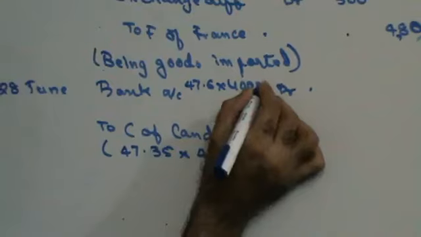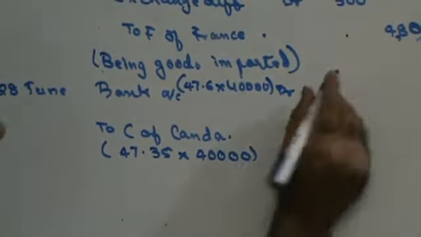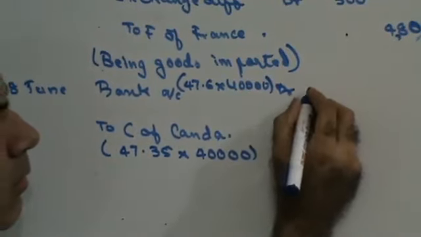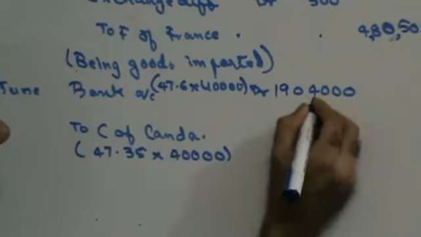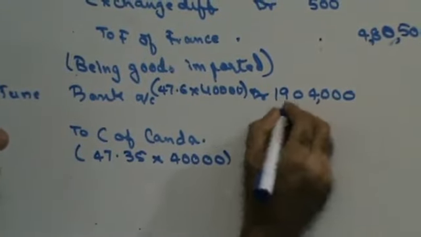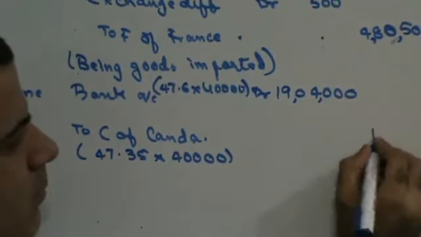Someone please give me this figure. 47.6 into 40,000 is 19 lakh 4,000. Okay, and 47.35 into 40,000 is 18 lakh 94,000.